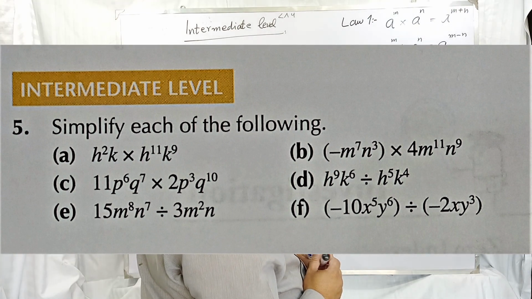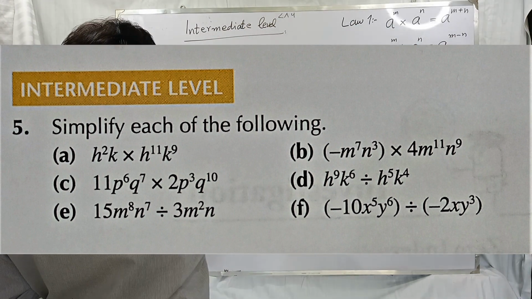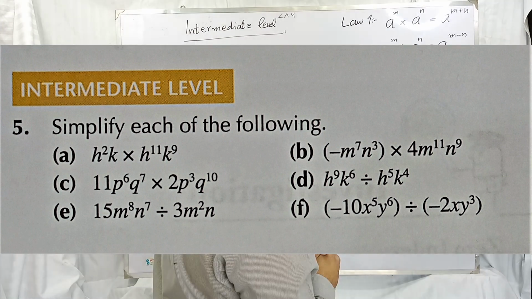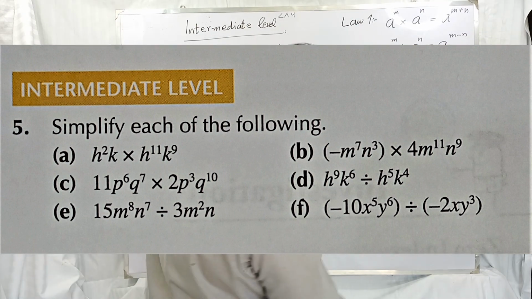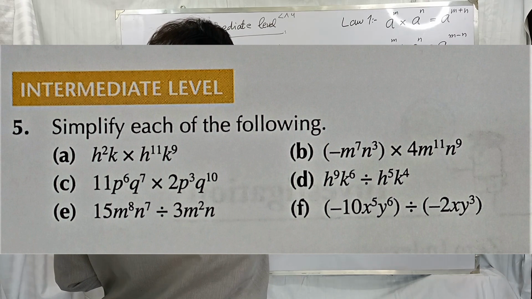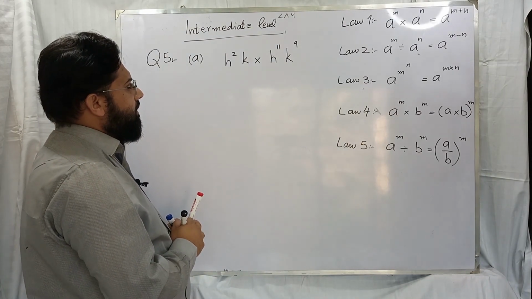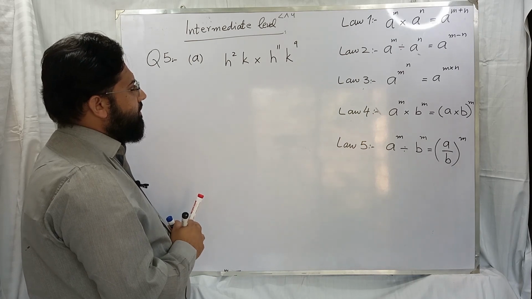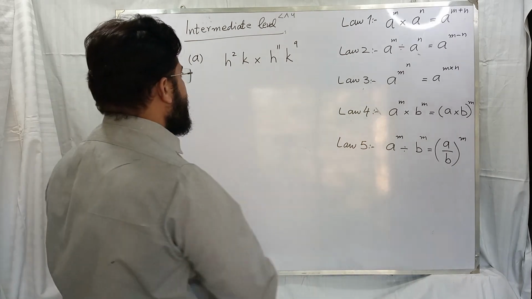Part A says h square k multiply by h to the power 11 into k to the power 9. This is the question: h square k multiply by h to the power 11 into k to the power 9.